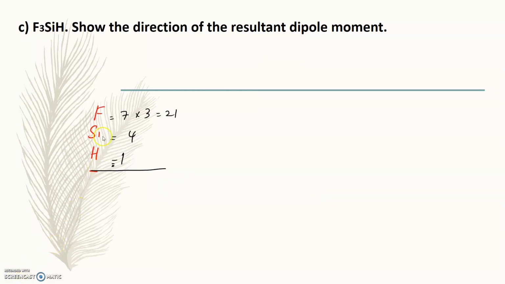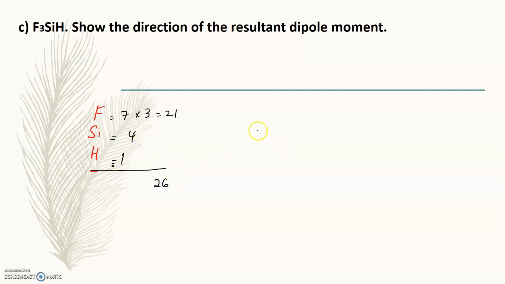Okay, next question. So we look at this. Okay, so fluorine, silicon and atom hydrogen. Okay, total in this molecule valence electron is 26.